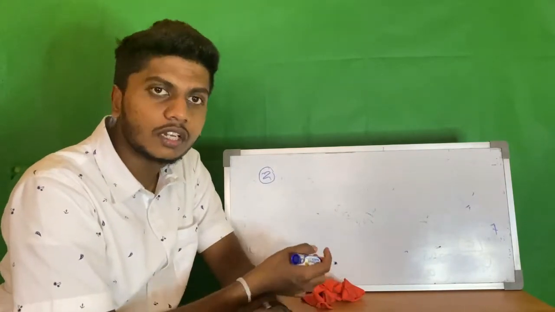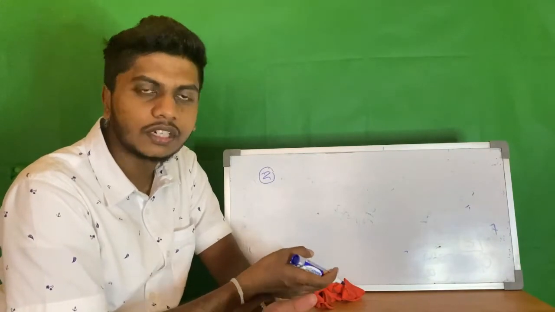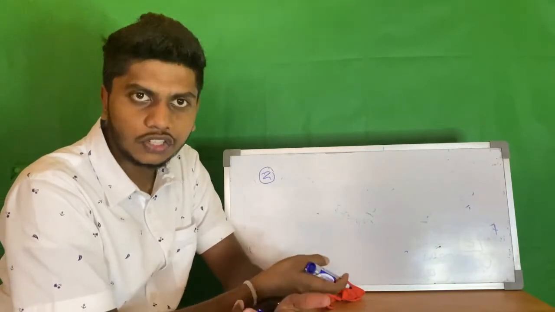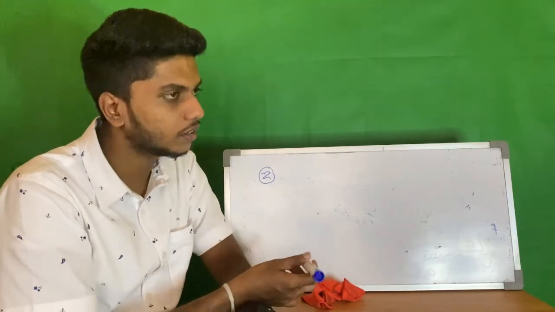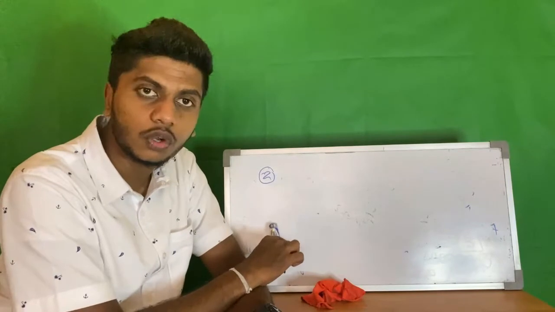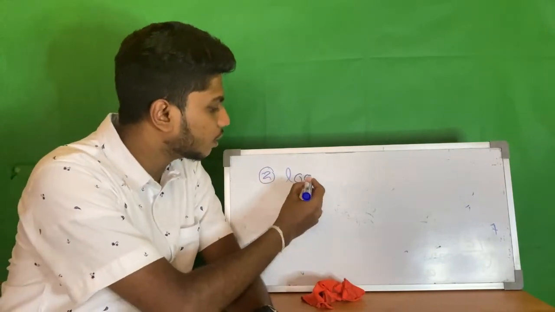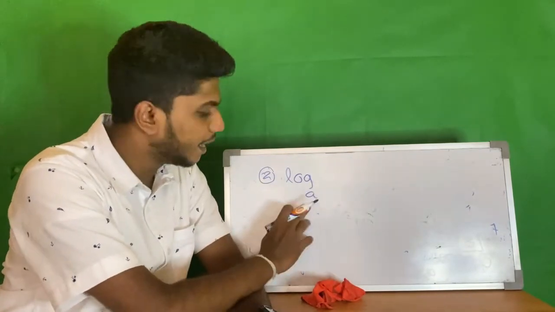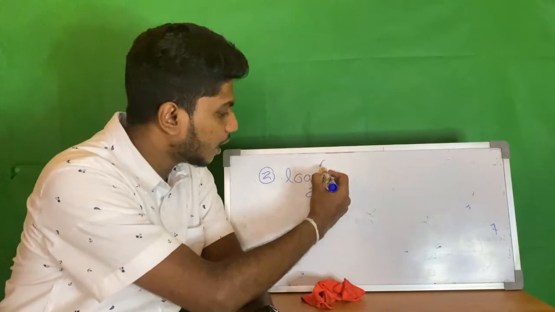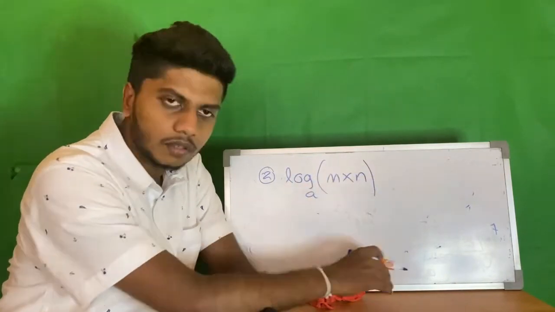So I told you that before. We can do a multiplication as an addition and a division as a subtraction using logarithms. So here I'm going to show you how you do that. So let's say log base a, and I have to multiply, let's say, m into n.